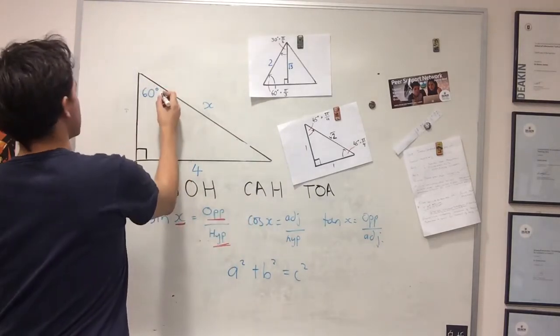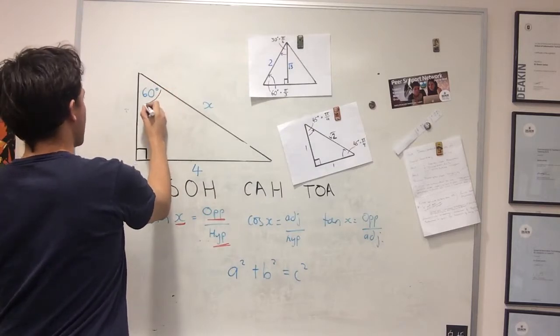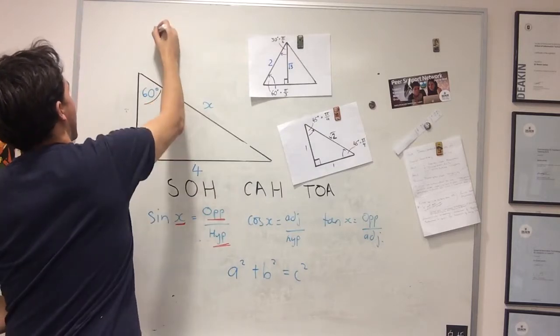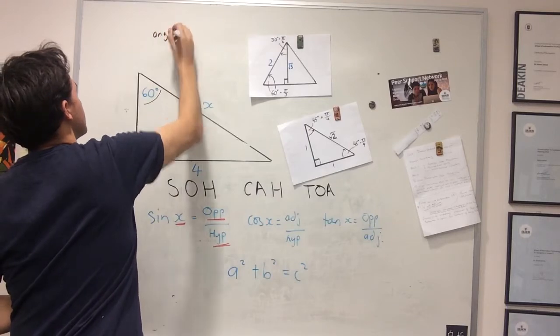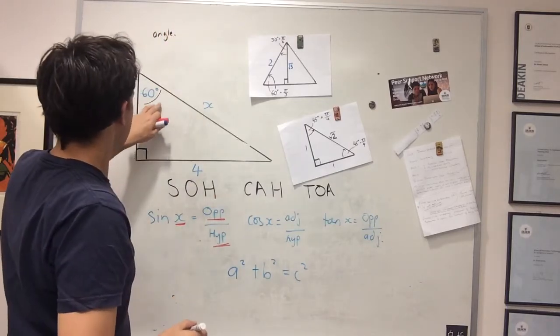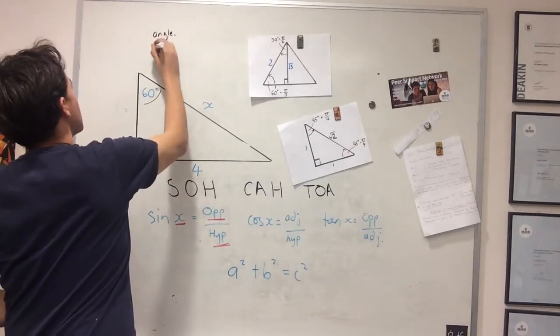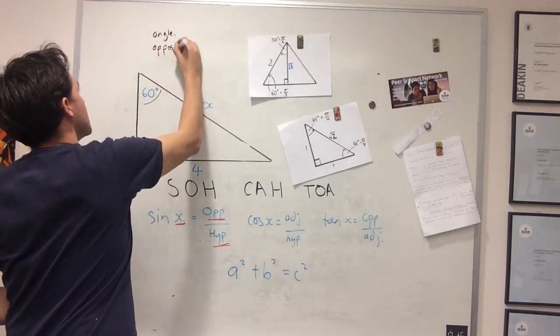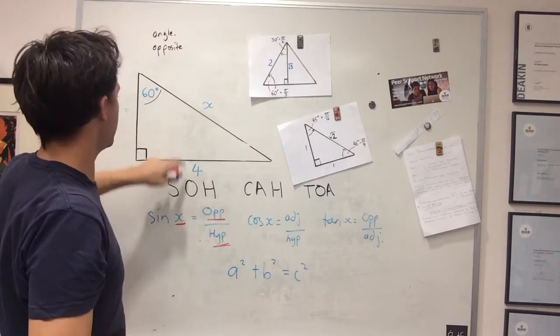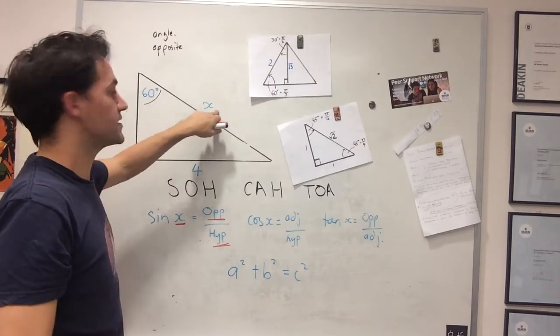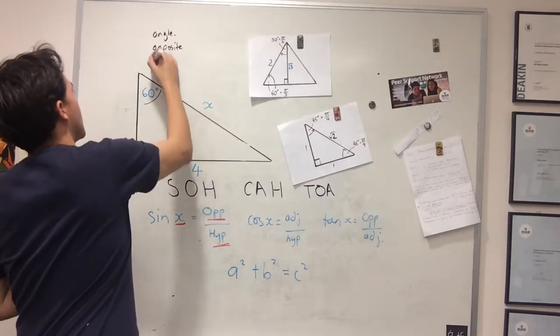So we know this angle, so that's one bit of information. We've got an angle. From the perspective of this angle, we know the opposite. And then the quantity that we're interested in is this value here. It's the hypotenuse.